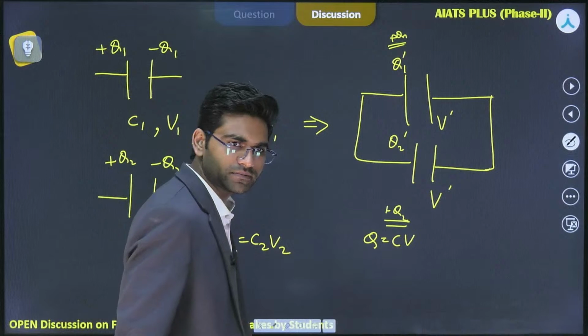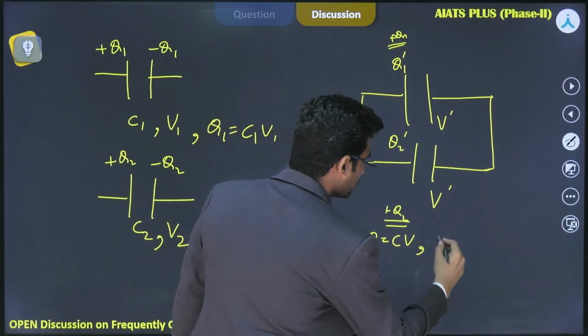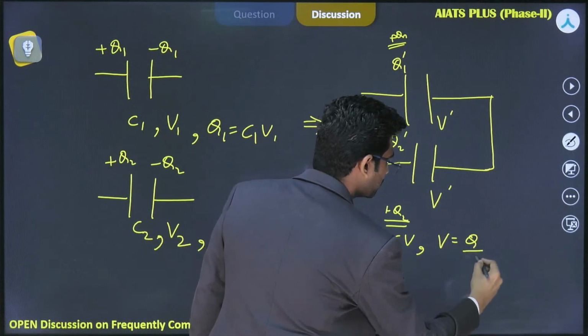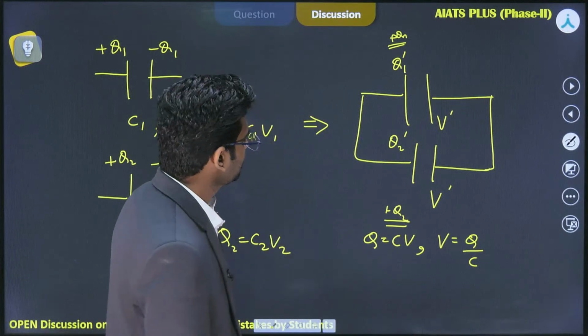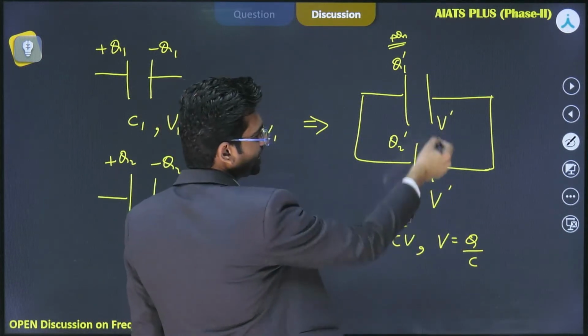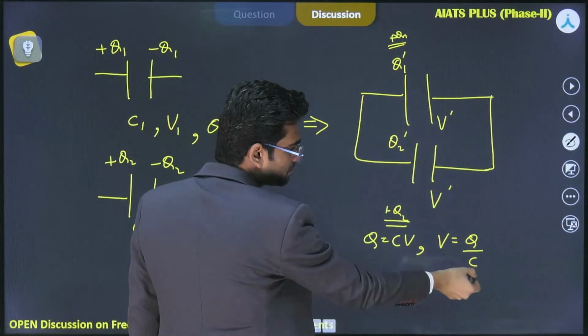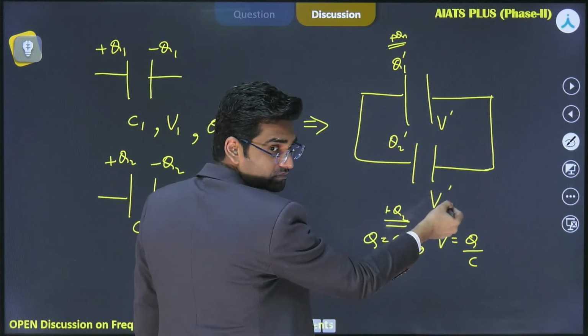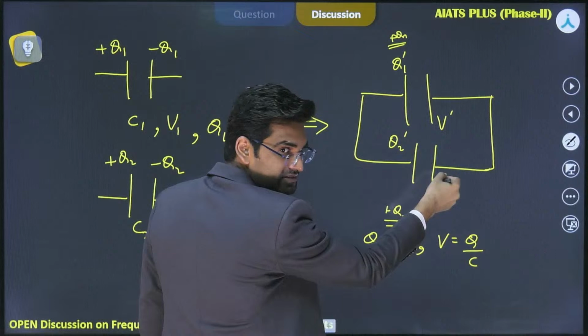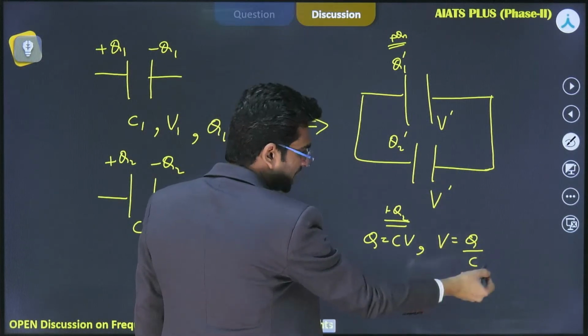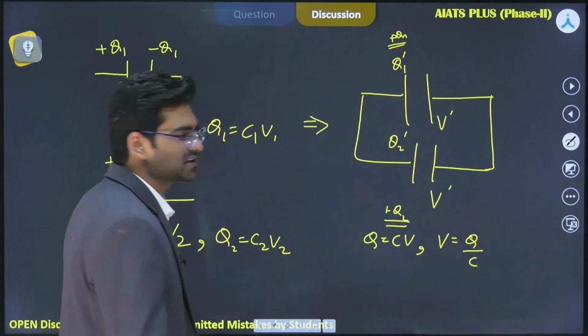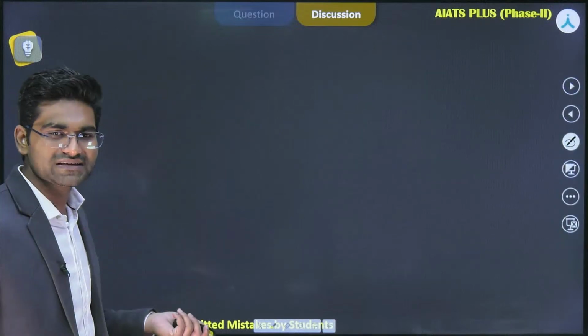This is always applicable, so I can also write V is equal to Q by C. So V prime is equal to Q1 prime by C1, and this V prime can also be written for the capacitor C2 as Q2 prime by C2.